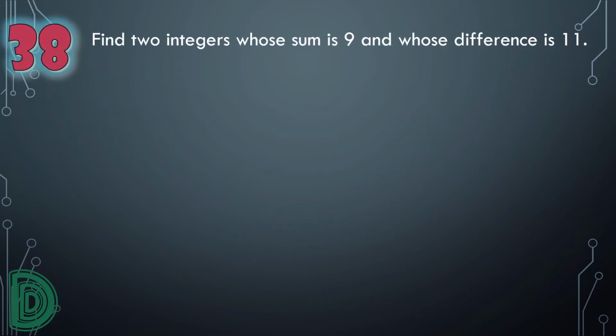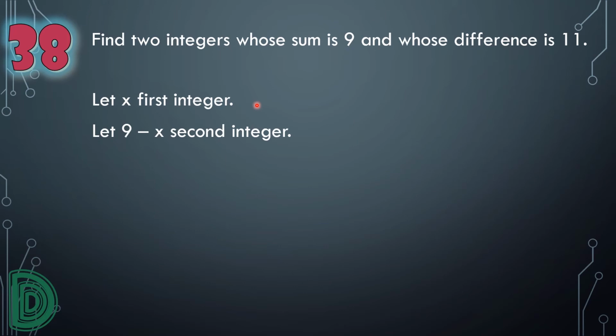38. Find two integers whose sum is 9 and whose difference is 11. Let x be the first integer. Since the sum is 9, 9 minus x is the second integer. If we get the difference between these two, that will be 11. Getting rid of the parentheses, we have x minus 9 plus x.